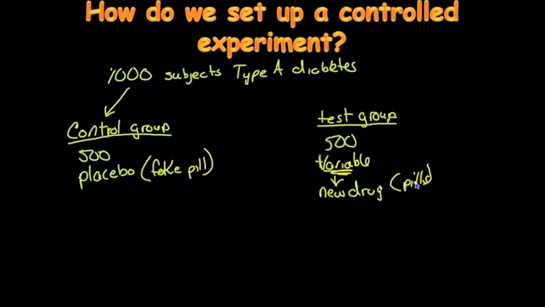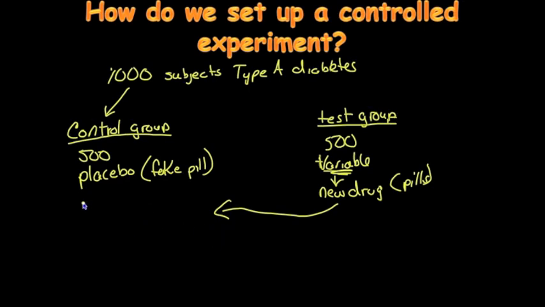So then what we do is over time, after a specific amount of time, you see how many people taking the placebo still have type A diabetes, and how many people taking the new drug still have type A diabetes. Then you compare how many people here have the disease compared to there.